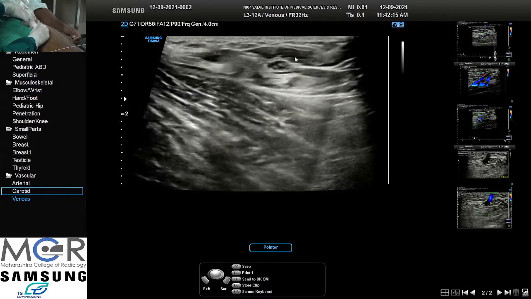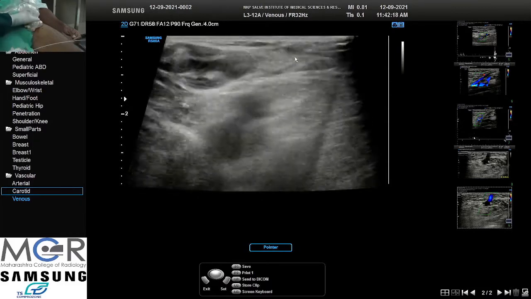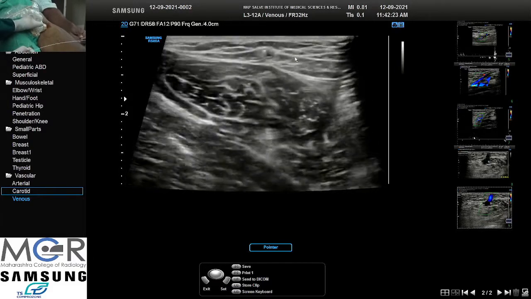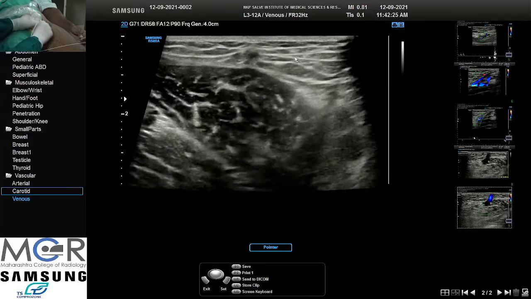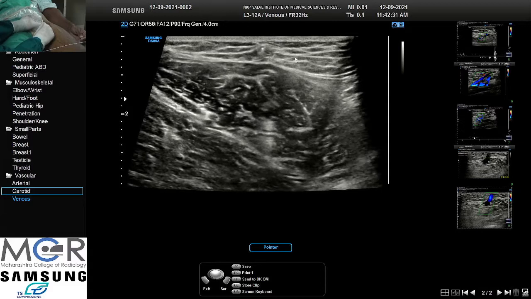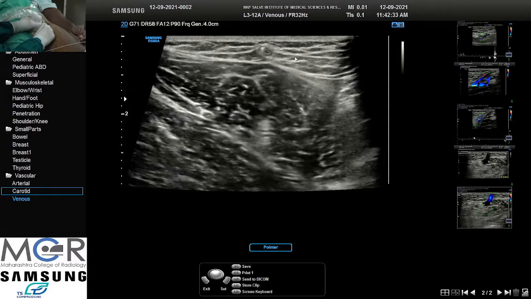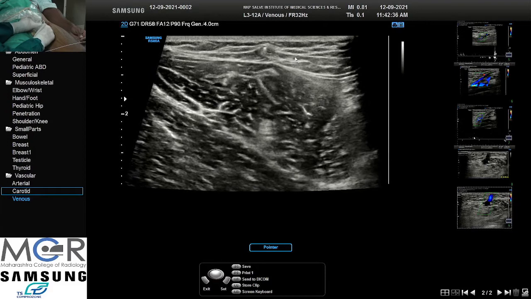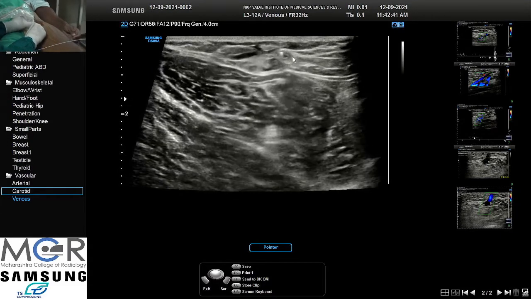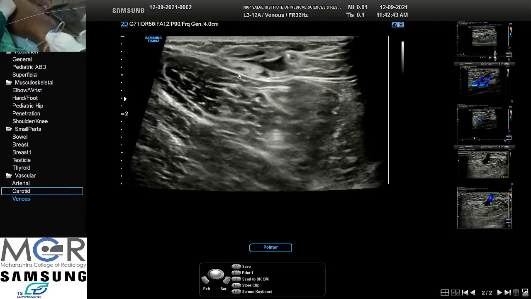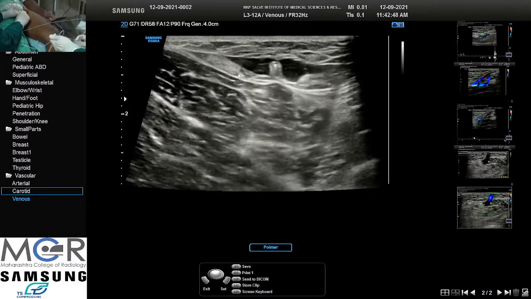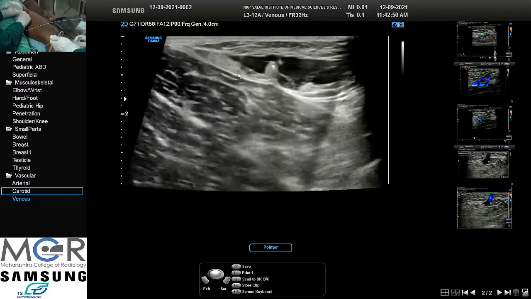We put 30 ml of 2% plain lignocaine and 20 ml of soda bicarb, a total of 50 ml of the two, in the normal saline. Some people also put adrenaline, but I don't prefer putting adrenaline because this also gives pretty good anesthesia.